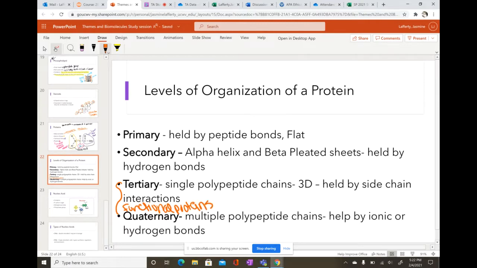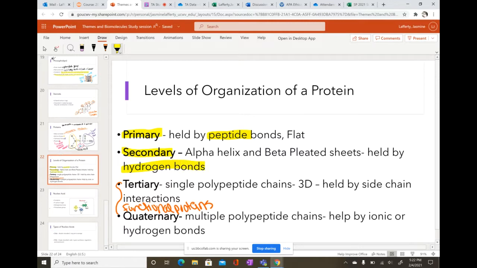Okay? All right, so primary structures are held together by peptide bonds. Primary, peptide, the P's go together. And they're flat. They're just a flat sequence. All right, secondary, that, my friend, is the one that I do not have a mnemonic for the bonds. You're probably just going to have to memorize that. And they are held by hydrogen bonds.